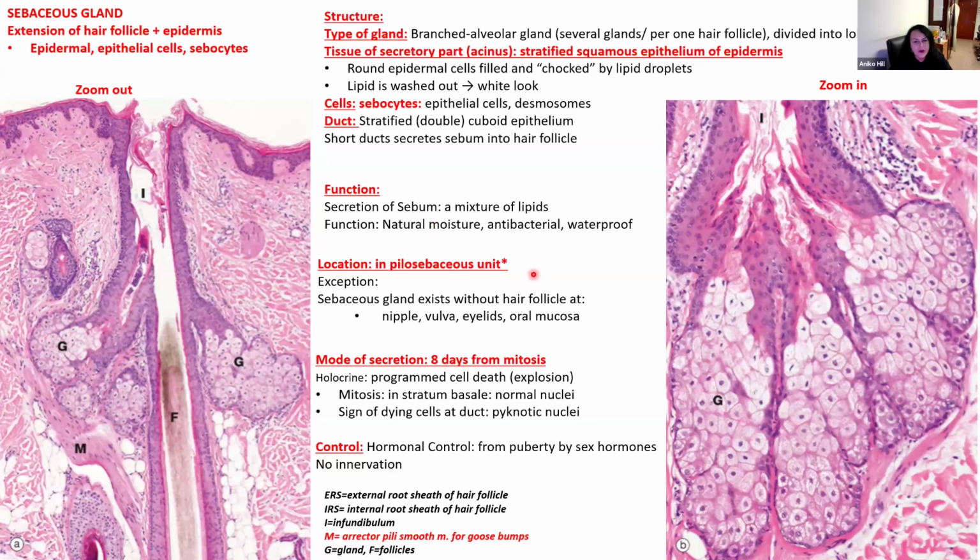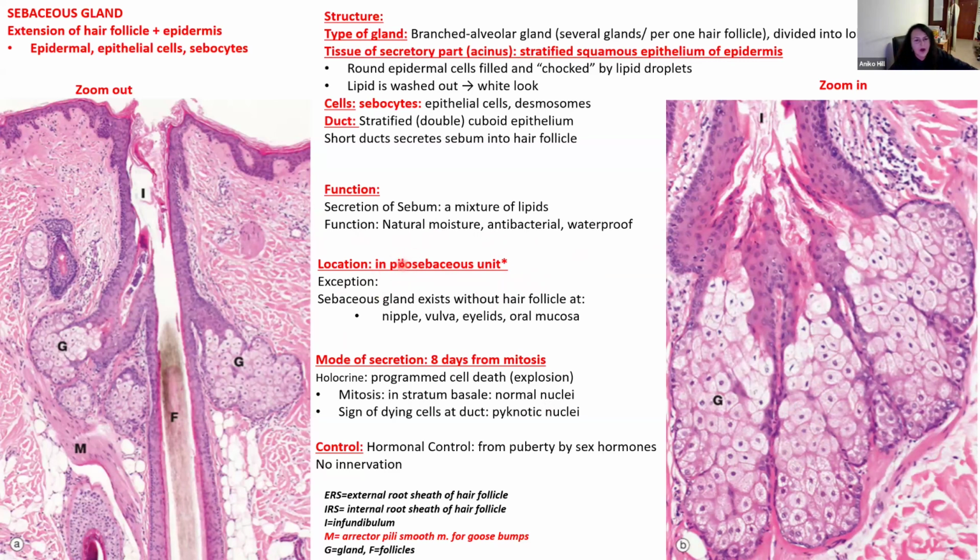So what is the function of the sebum? It is a mixture of lipid, and we just did that, and it has a moisturizing effect, and an antibacterial and waterproofing effect on our skin. Usually, the sebaceous gland is sitting in the pilosebaceous unit that we're going to cover in a minute.